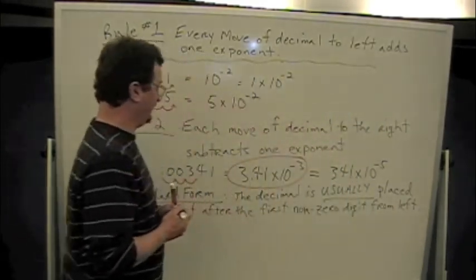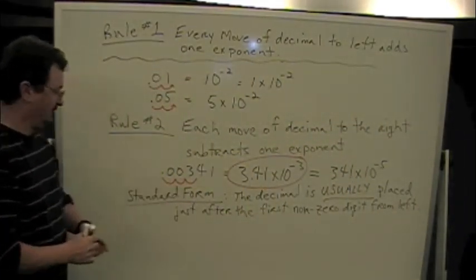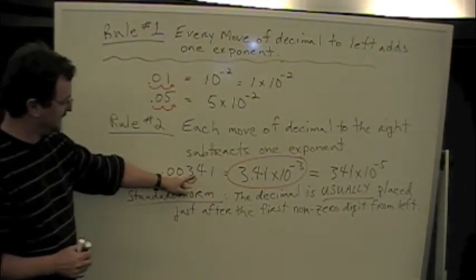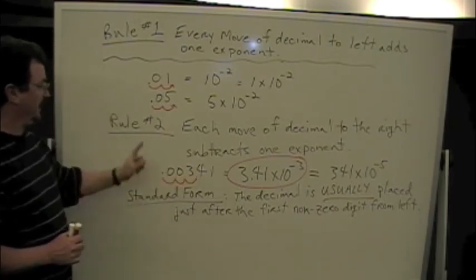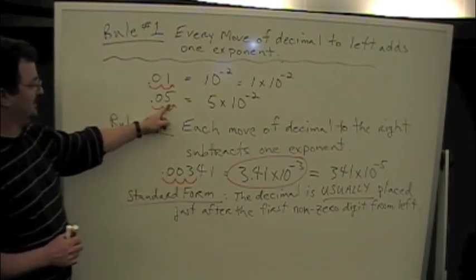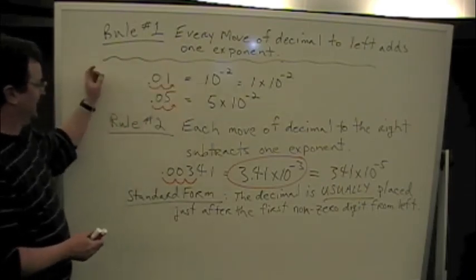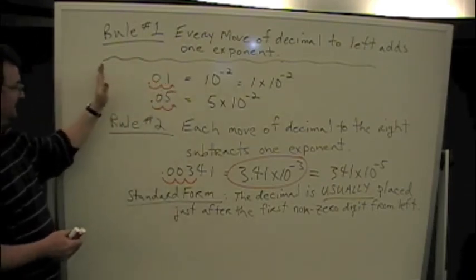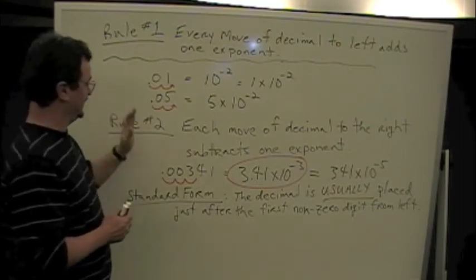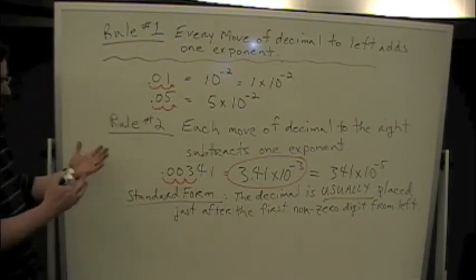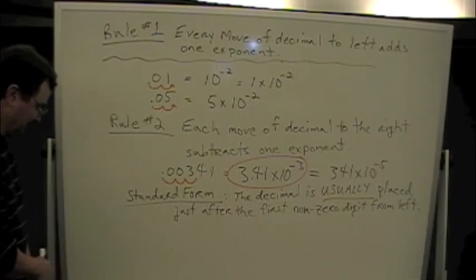Okay. So if you read the number left to right, the first non-zero digit in this case is 3. Here the first non-zero digit was 5. In our previous examples, you read it from left to right, and then you move the decimal to the left to just after the first non-zero digit. Okay. So that's what we would call standard form.